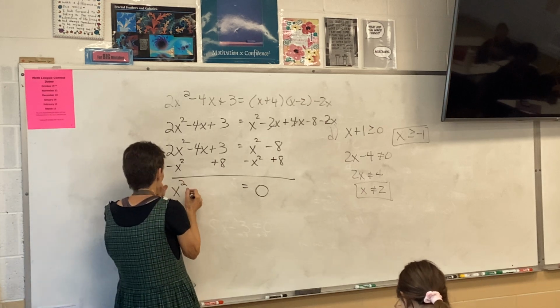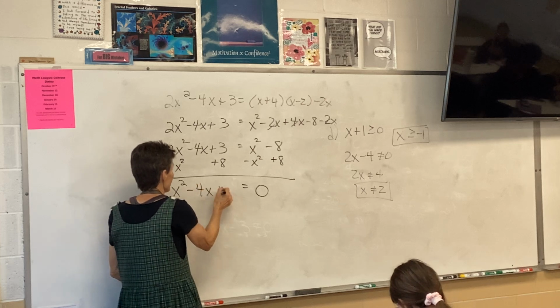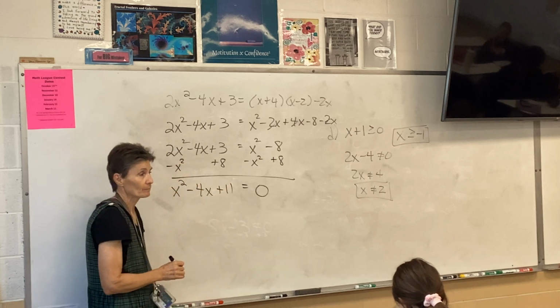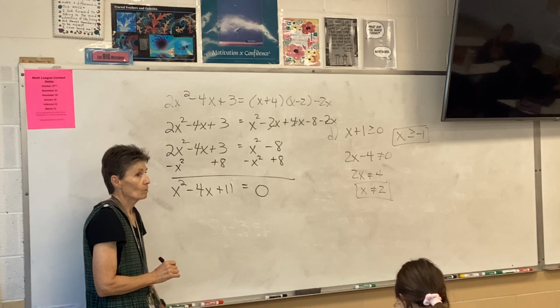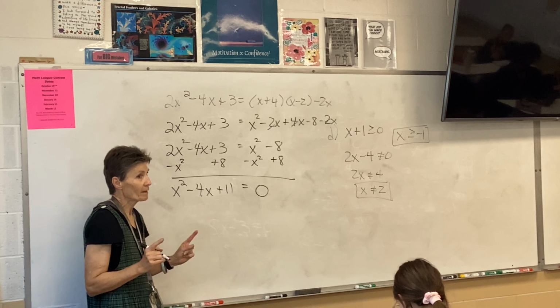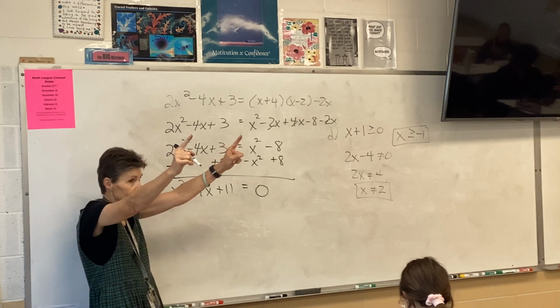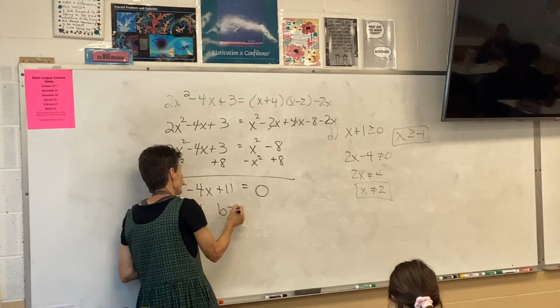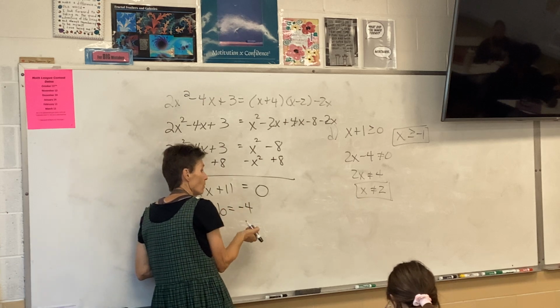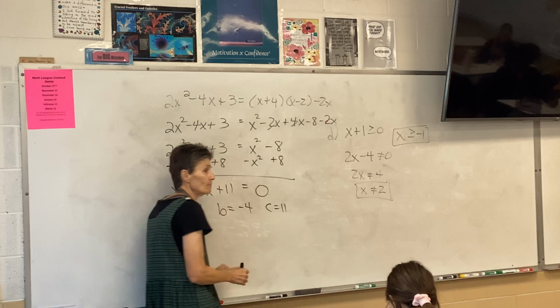X squared minus 4x plus 11. Well, I know that one doesn't factor. So, Charlie, what am I going to do? Yes, the quadratic formula, and A is 1, B is -4, and C is 11.